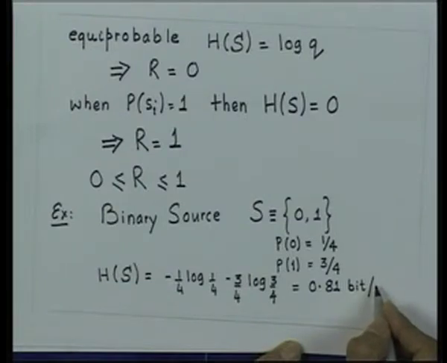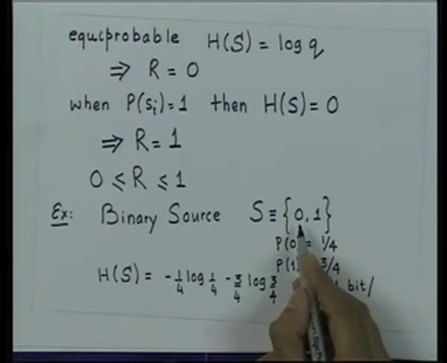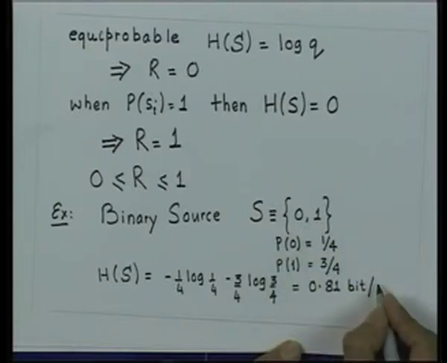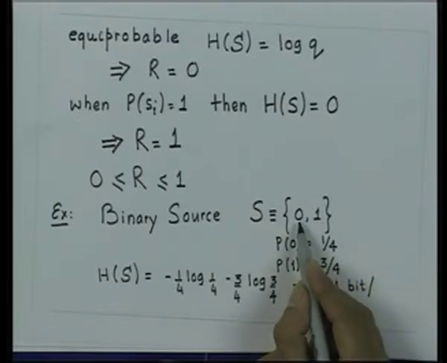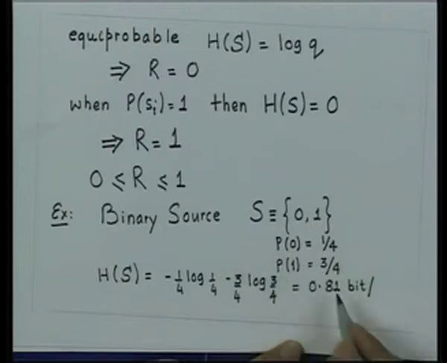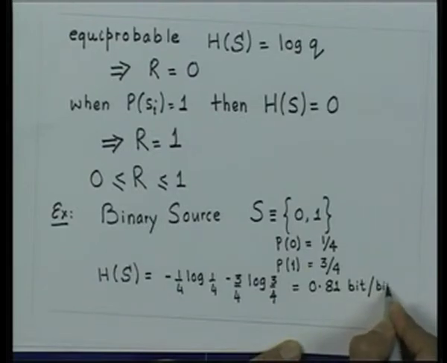In my case, the symbols are binary digits 0 and 1, and we will call the binary digit a binit. So, I can say that entropy is 0.81 bit per binit.